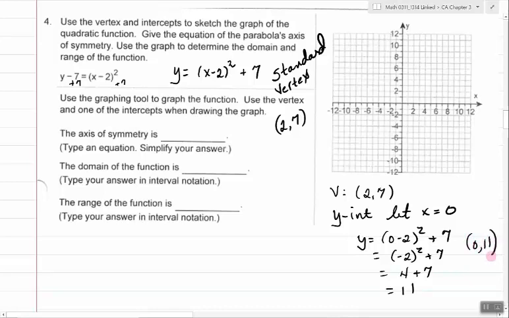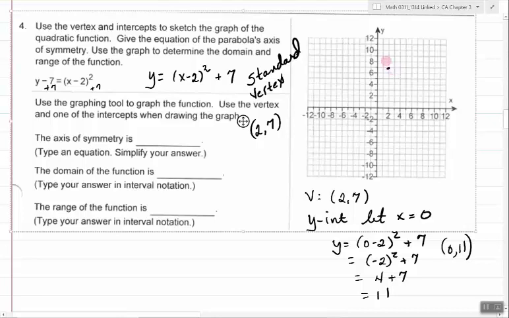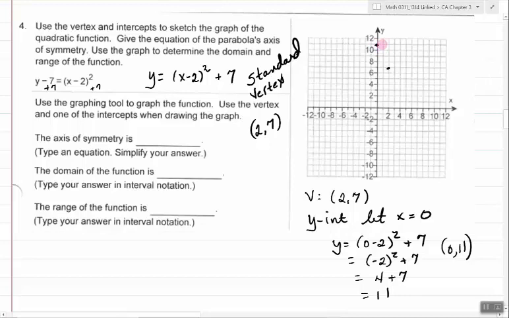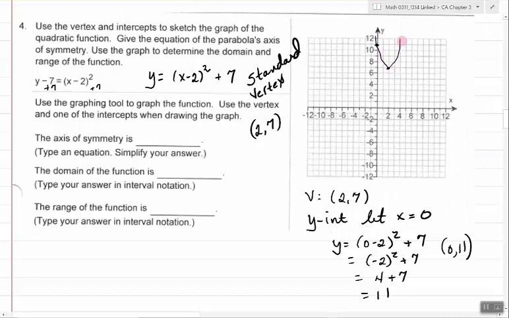So I will click my upward opening parabola tool. I will first plot 2, 7. Then it looks like a line, but as I move up, it will move into a U shape, and you will get this shape without wiggles.